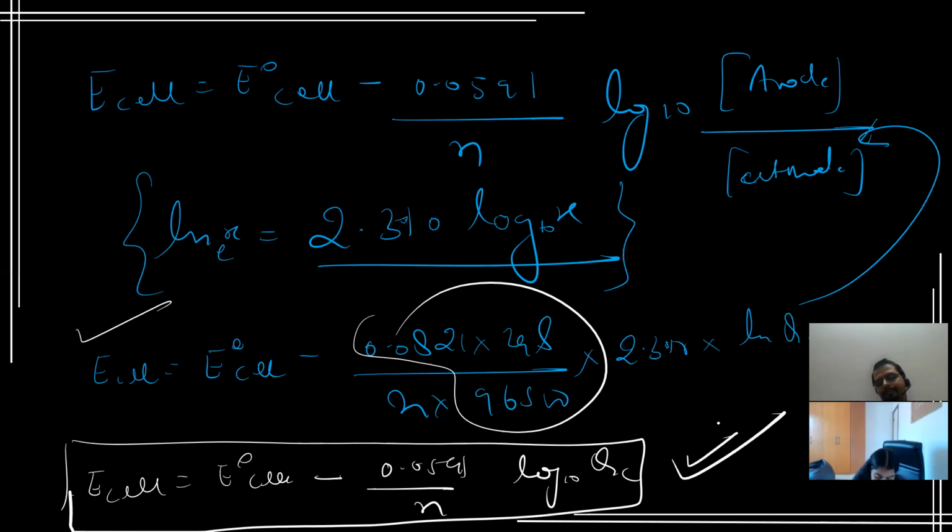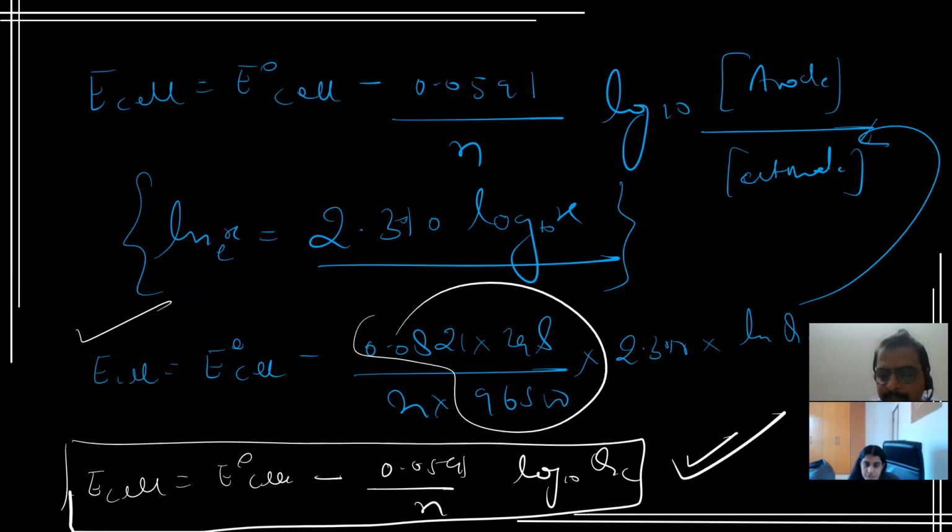Any doubt? No. But I do want to ask, are you expected to know this equation if you take the JEE? Now you have understood how we have derived the equation. Earlier you used to mug up the formula, and now you have conceptual clarity on how we derive it.